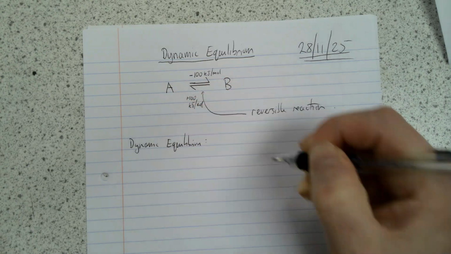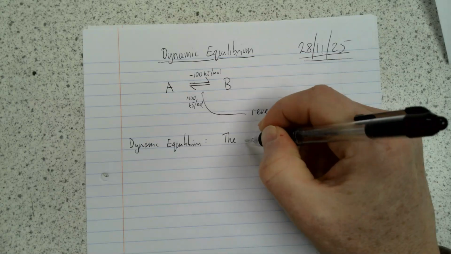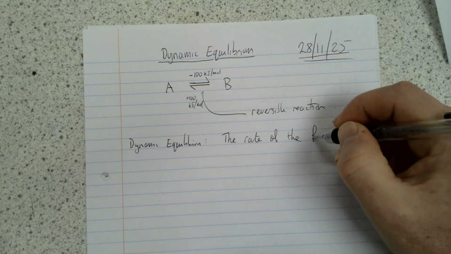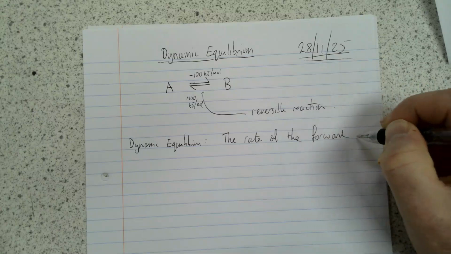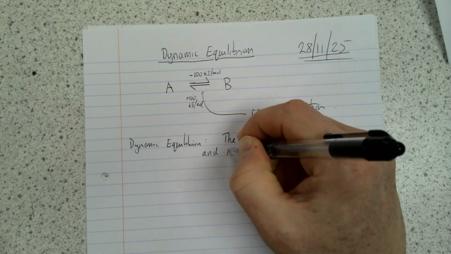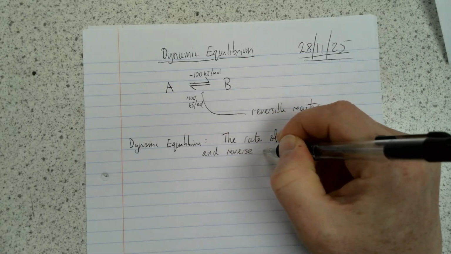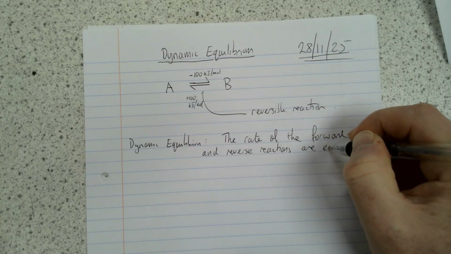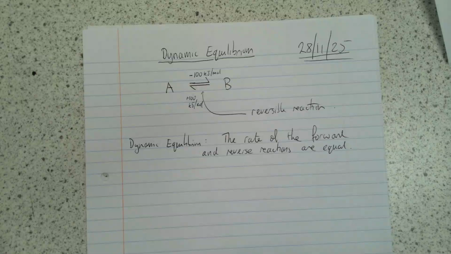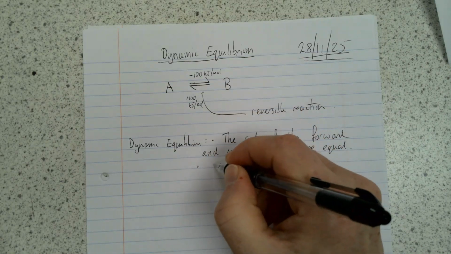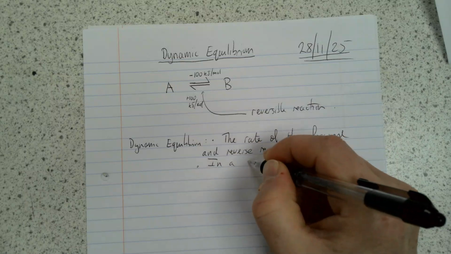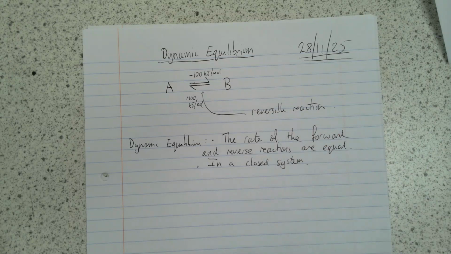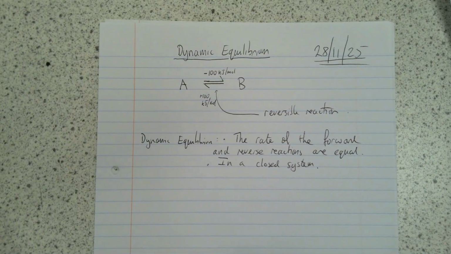Dynamic equilibrium is when the rate of the forward and reverse reactions are equal. And this can only happen in a closed system. So it's when the rate of the forward reaction and the reverse reaction are the same.